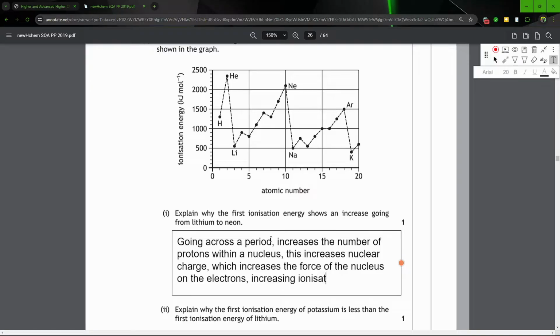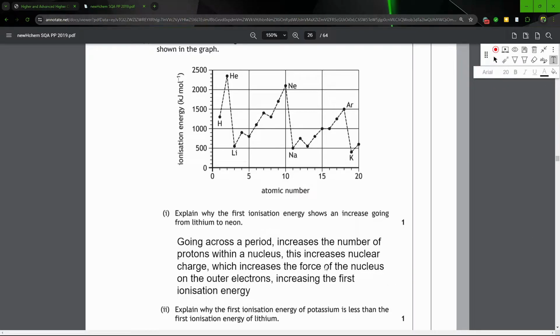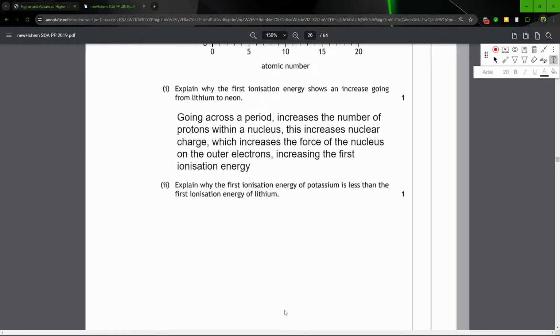So that's way more than enough actually for this mark. But it's probably always better to write more than write less, you know. So this should be completely fine. Right. We'll move on to 2.